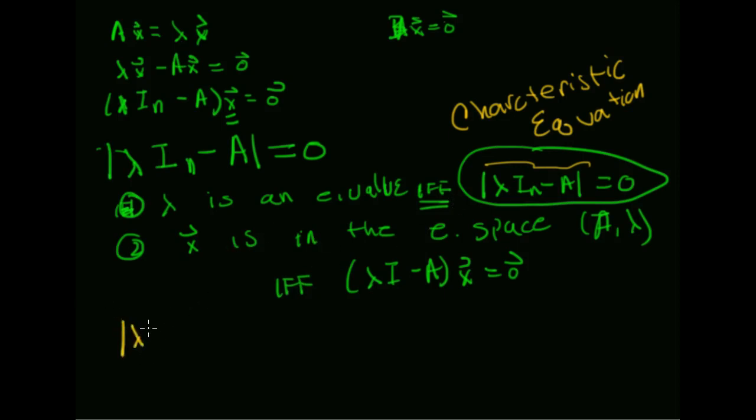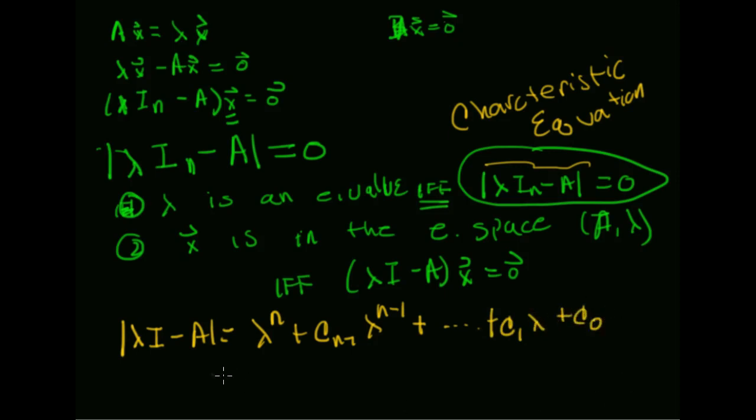The determinant of lambda I minus A is going to give us something in the form of lambda to the n plus c sub n minus 1 times lambda to the n minus 1 plus, and then we keep going, to c sub 1 lambda plus c sub 0.